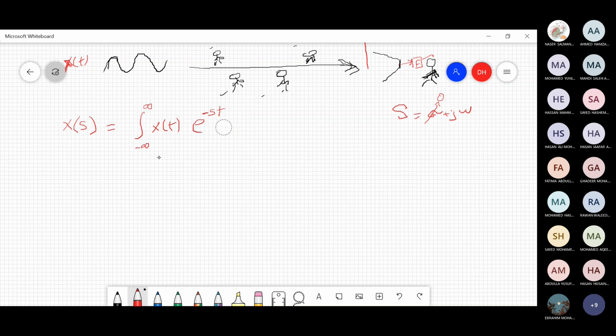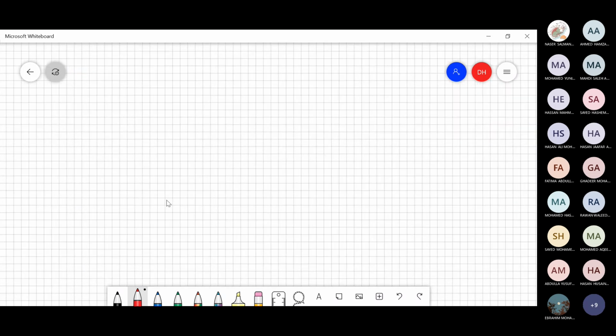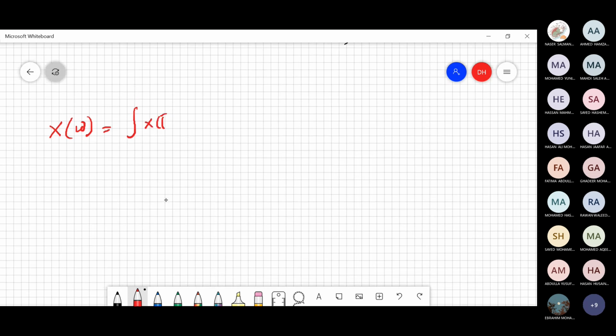All I do is change the S to omega. So then x of omega equal to integration of x of t e to the power of, instead of minus s t, it is minus j omega t dt from minus infinity to infinity.